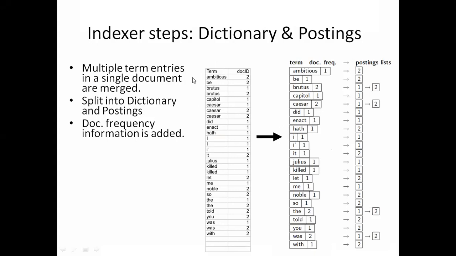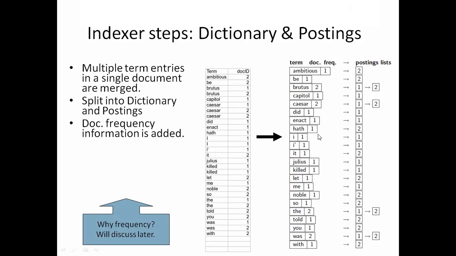Multiple entries in a single document. Now check here. First of all we write down the document frequency. If you check ambitious, it is available in only one document, document ID 2, so we have written 1 here.